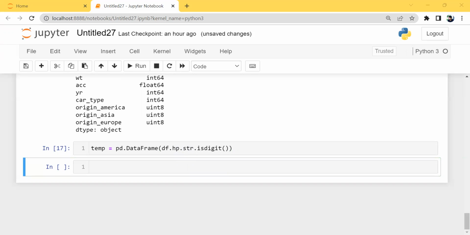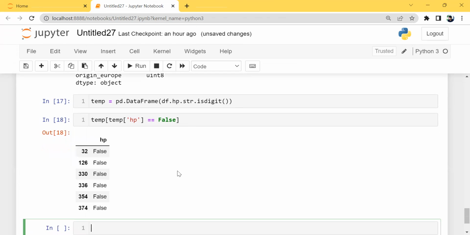And I need to print whether there are non-numerical values or not. For that, I am using this particular code. In our temporary variable, for temp of the HP column, if there are any non-numerical values, then print False here, right?